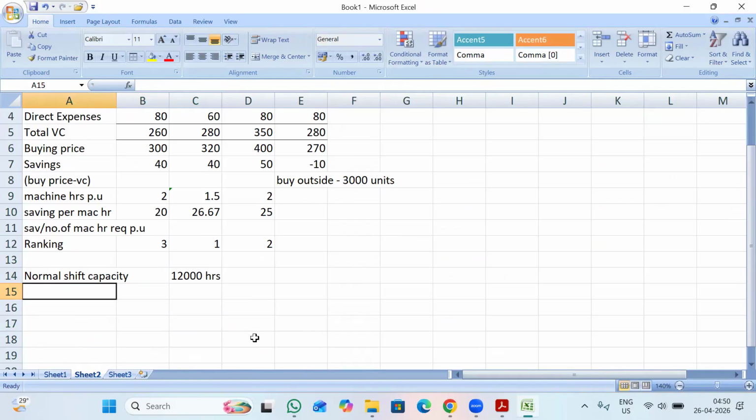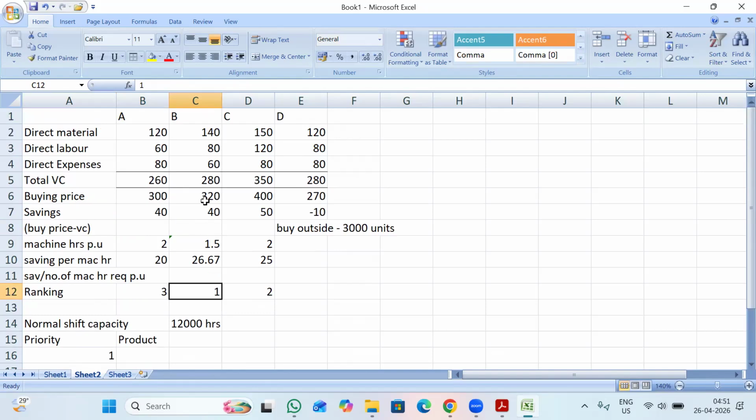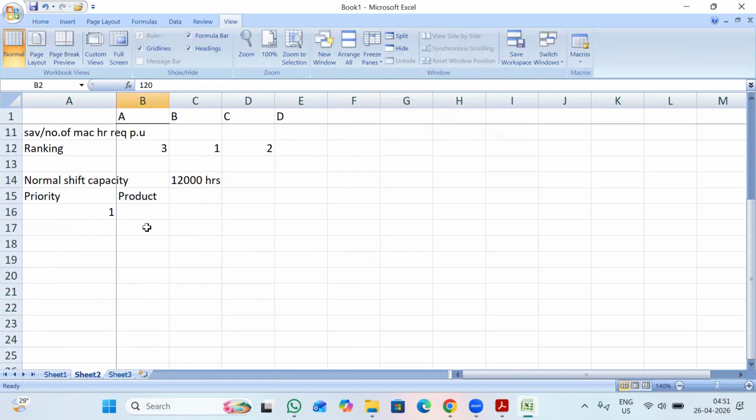Based on priority, B is my first priority, second is C, third is A.